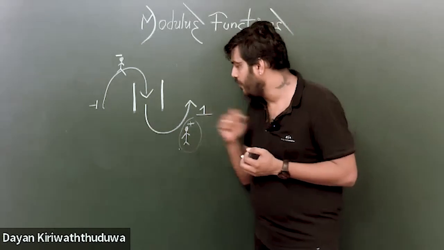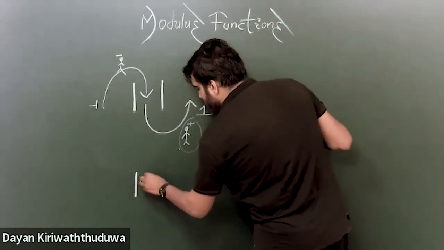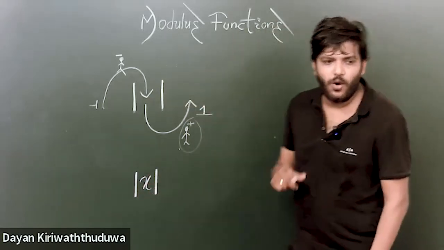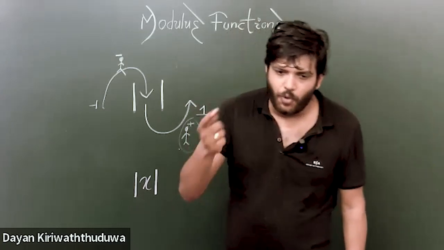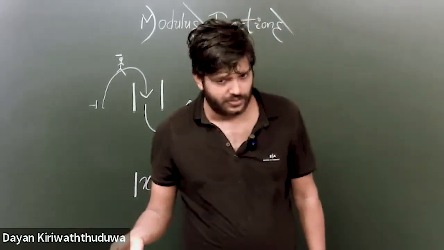Right, good. So now let's apply this to modulus of x. Now we have to counter argue. When you say modulus of x, there can be negative x's and positive x's.